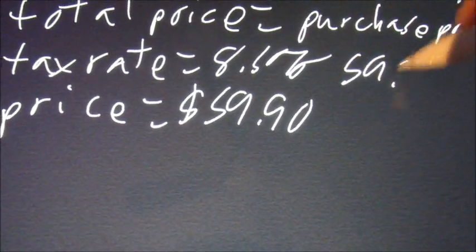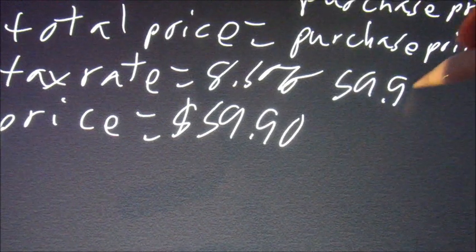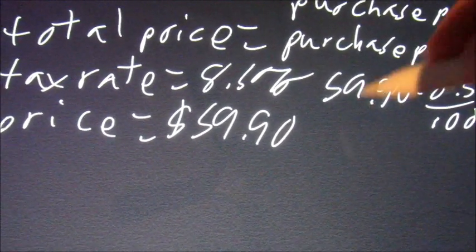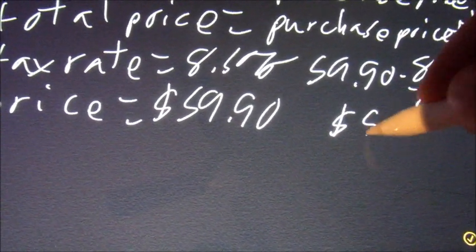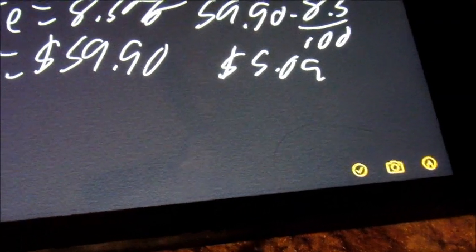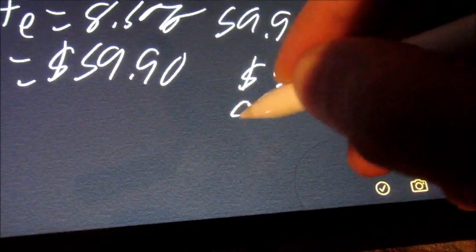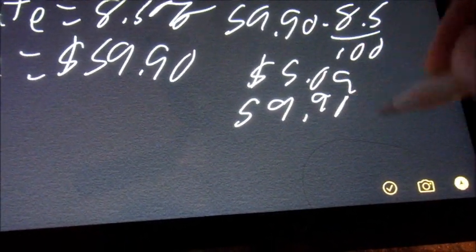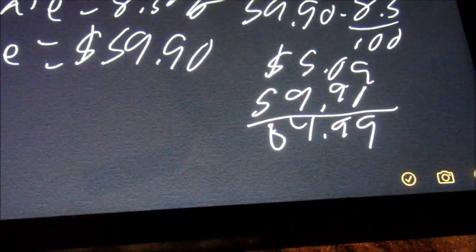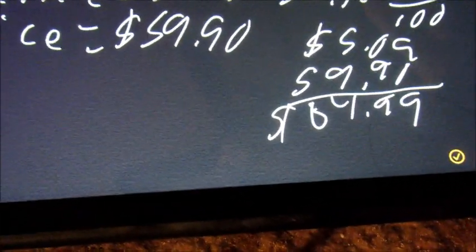So it's 59.90 times 8.5 over 100, and we get that the sales tax is 5.09. Now we have to add that to our original, which is 59.90. And we're going to get 64.99 for our total price now.